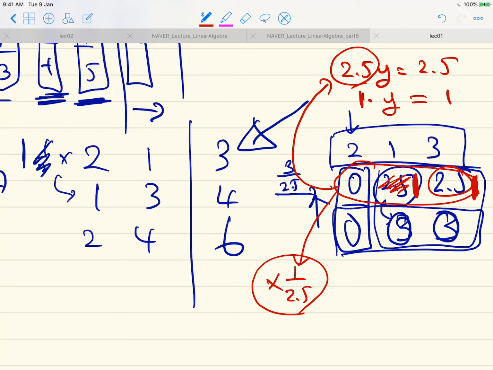But that just follows after this through this scaling of a single equation. So that is the second operation.